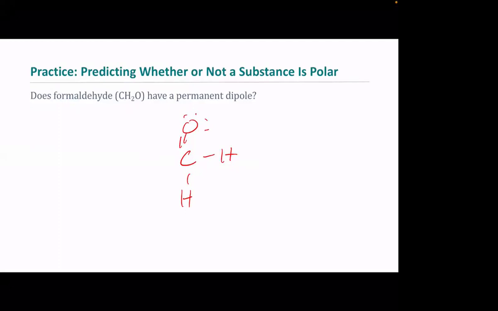It is symmetrical. If you draw it with the correct shape, it's going to look like this, trigonal planar. But these are small dipoles, and you wind up with that compared to this, which is a bigger dipole because that's more electronegative. Now, those 2 hydrogens will have some mitigating effect, but you've got a strongly electronegative oxygen there that's going to pull, so that's not going to cancel.